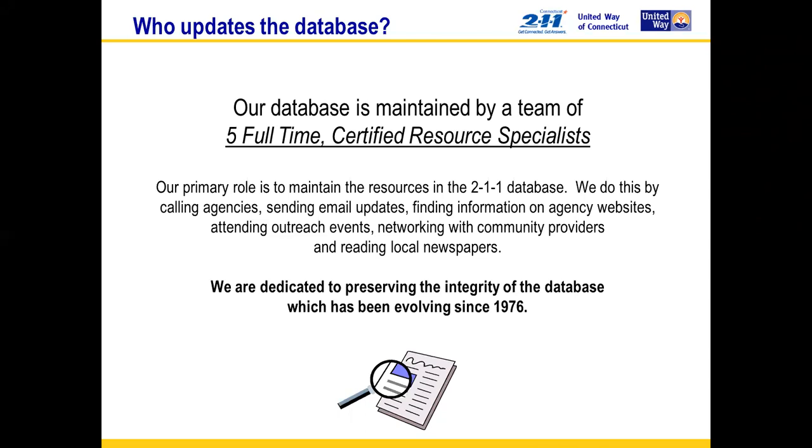We do a lot of networking with community providers, and reading the local newspapers also brings us more current information about community programs and events. Again, this is the primary role for our team, the Information Services Department, and we want anyone who has updates to stay in touch with us.